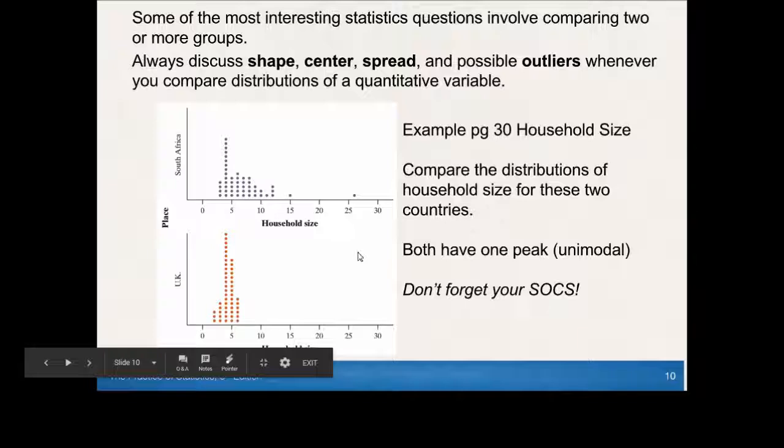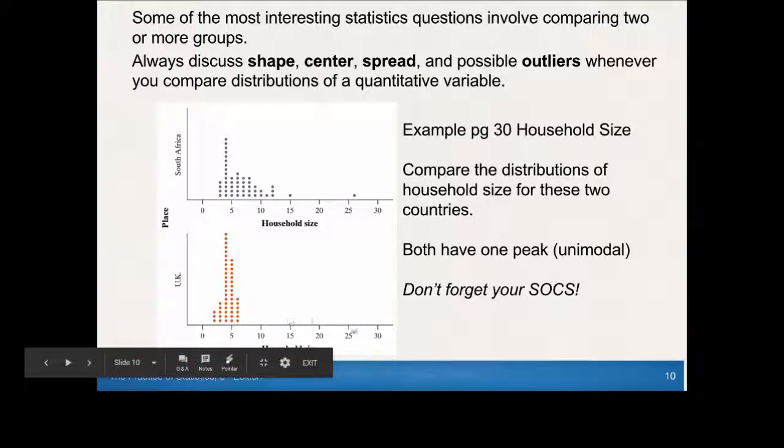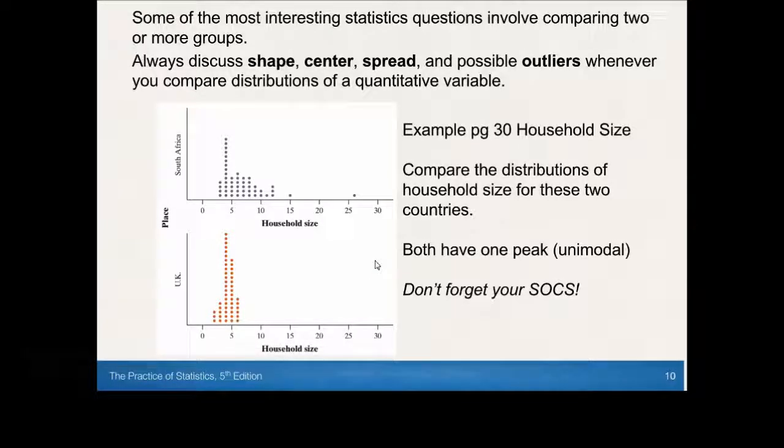Yeah, we're looking at household size here. And any outliers? Well, it appears that in South Africa there's an outlier of 26. And it doesn't appear like there are any outliers for the UK. So that's a way of looking at that.